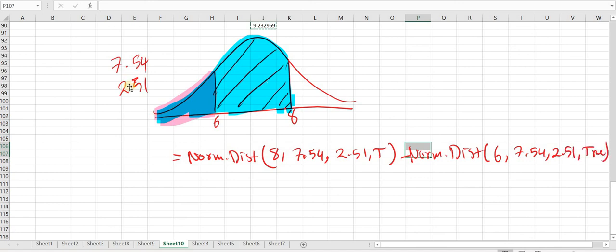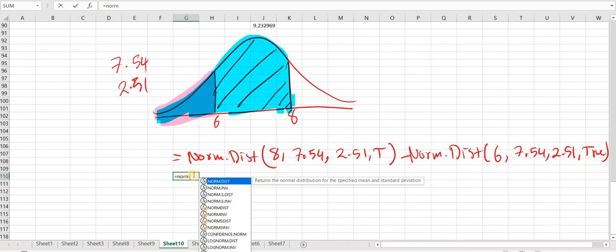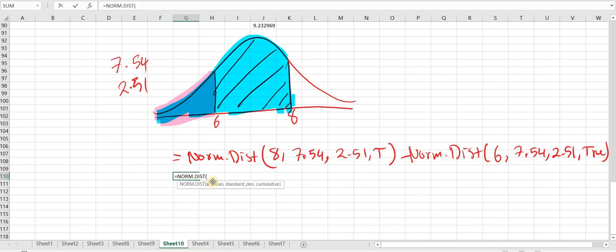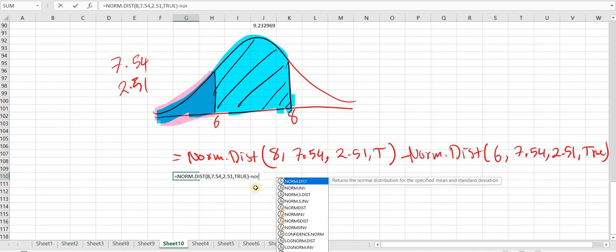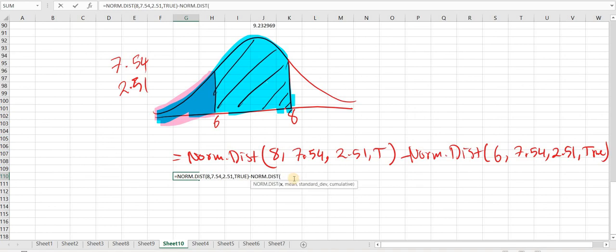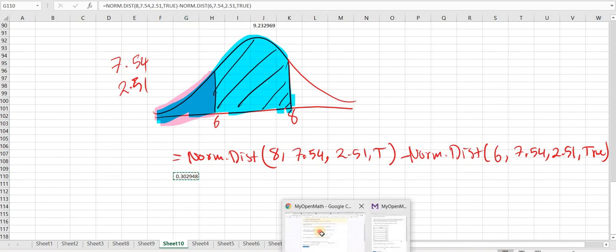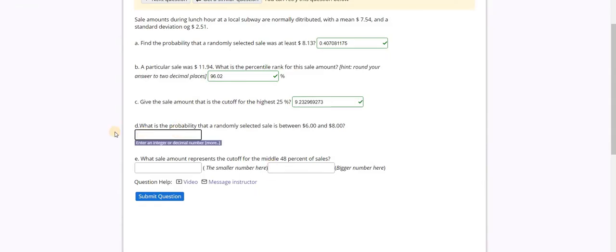So I'm just going to compute that right here. Norm dot distribution of 8, comma, 7.54, comma, 2.51, comma, true, close the parentheses, minus norm distribution of 6, comma, 7.54, comma, 2.51, comma, true. And that is going to be the answer. I'm going to take it and paste it into the answer box.